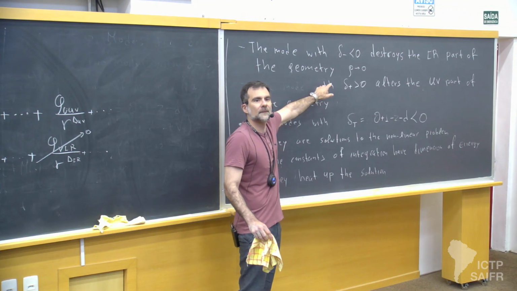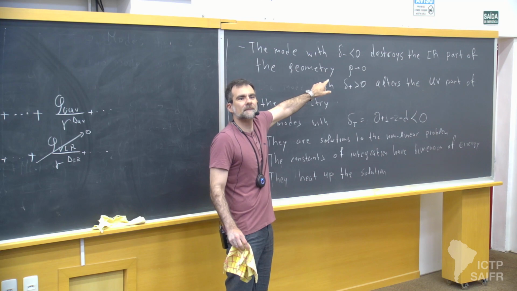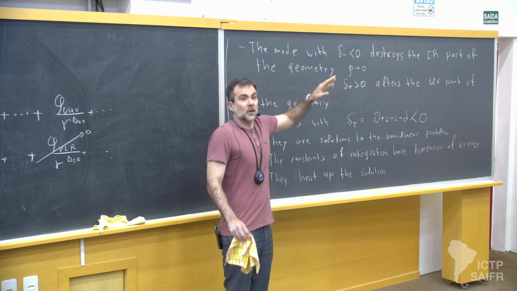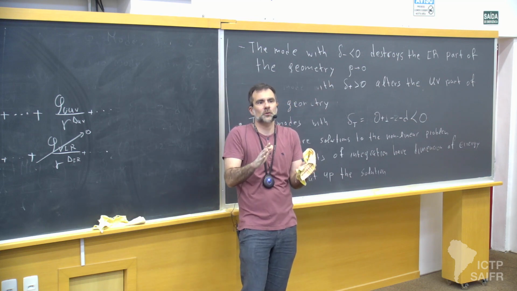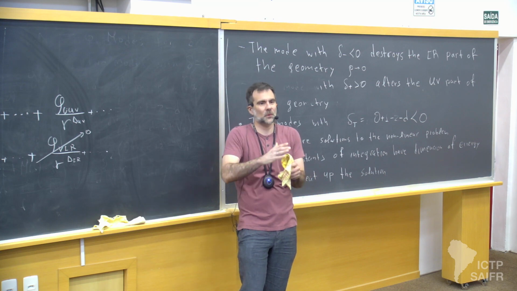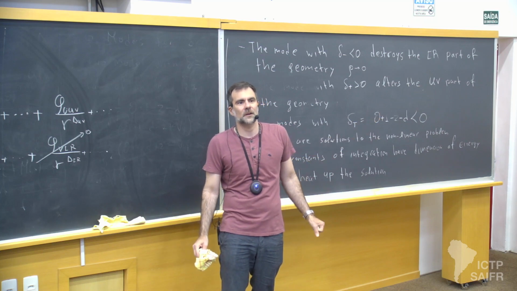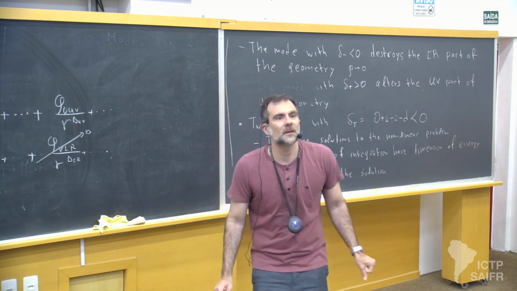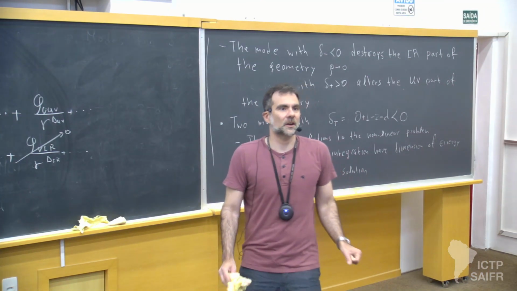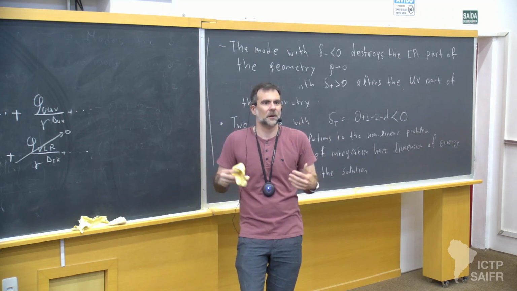Yes, irrelevant, but I thought that was important because that breaks the UV part. So if I want to think of this fixed point as an IR fixed point, I definitely want to destroy its UV part. And I want to go somewhere else, but I want to keep the IR part, which is the small rho region. And that's why it's irrelevant. Say it again? That's why it's called irrelevant. Yes, exactly. That it has the potential to change the UV part of the geometry, but maintain the IR part.